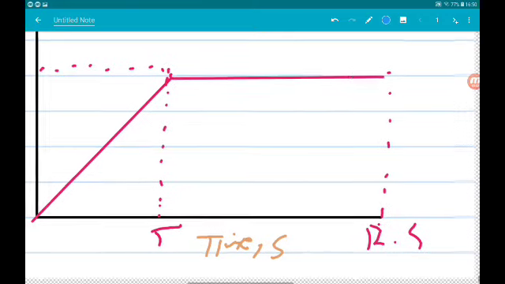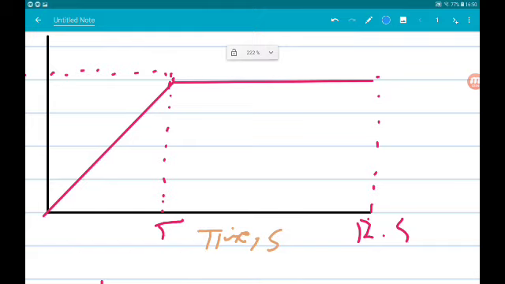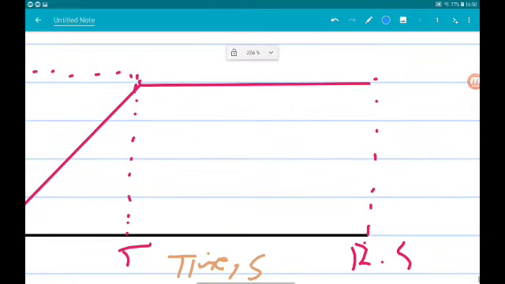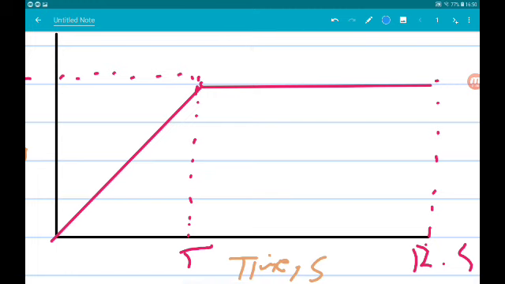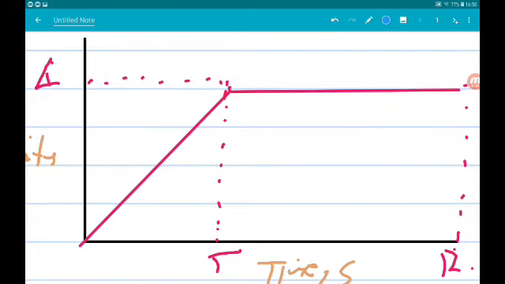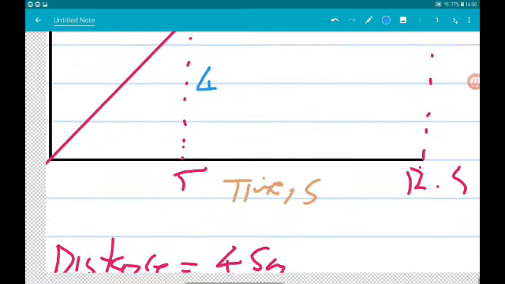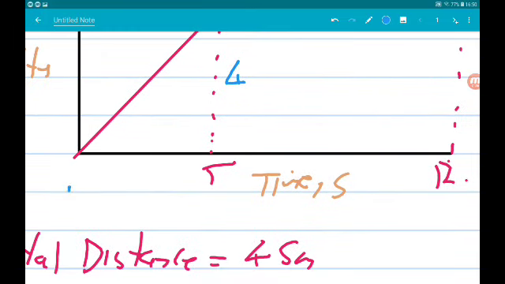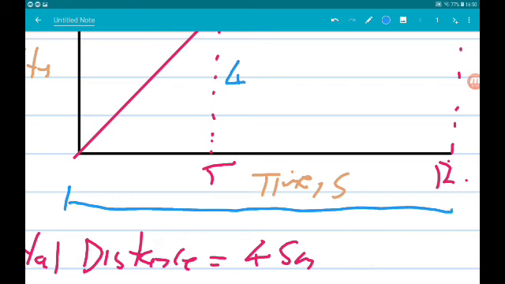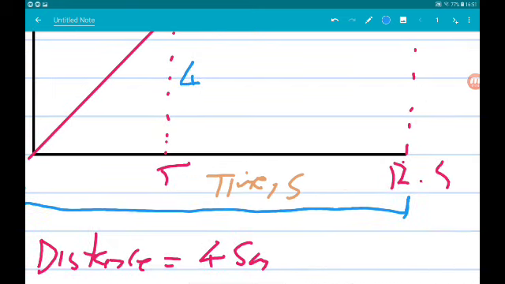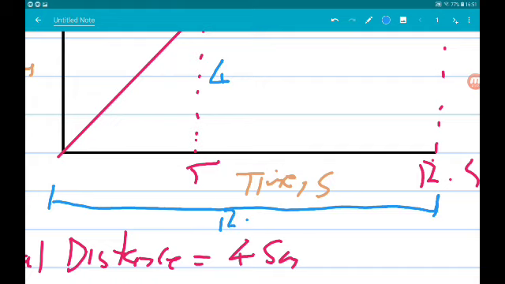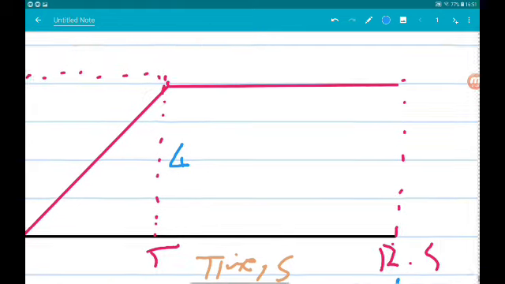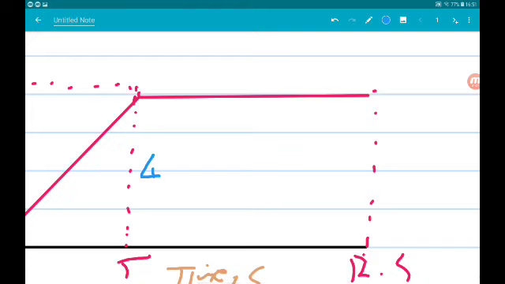So the trapezium has a height of 4. It has a base of 12.5. And its top length is 12.5 minus t.